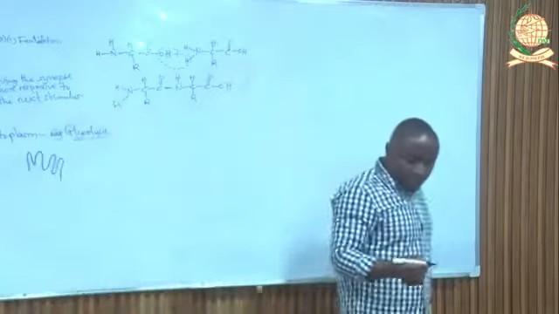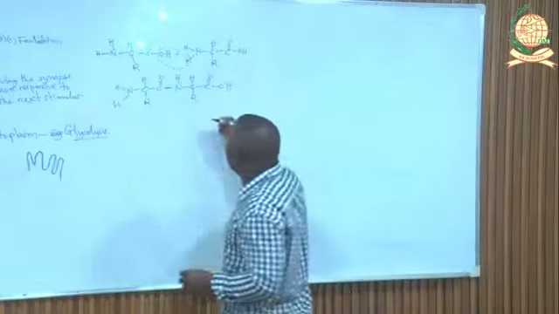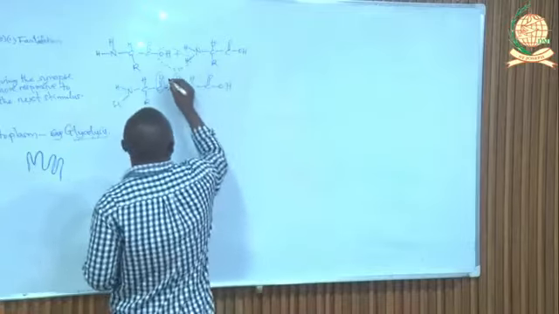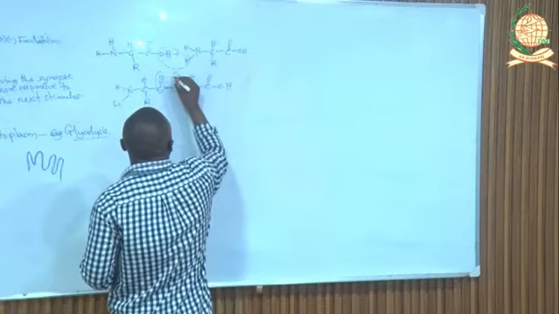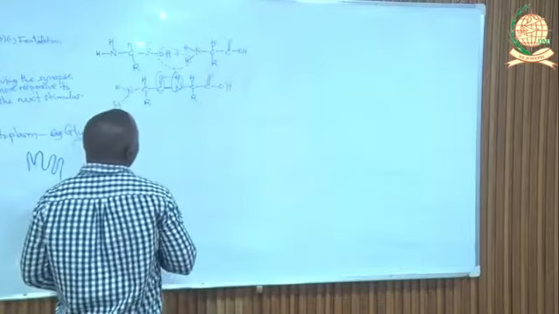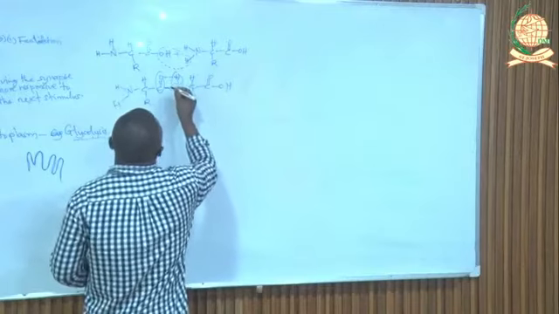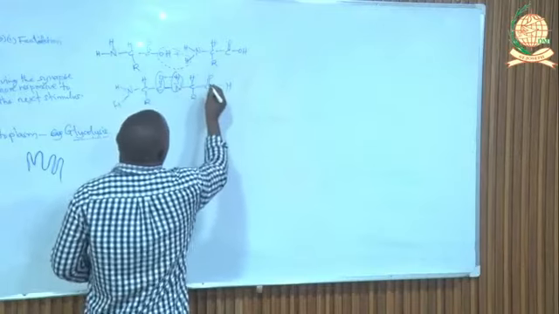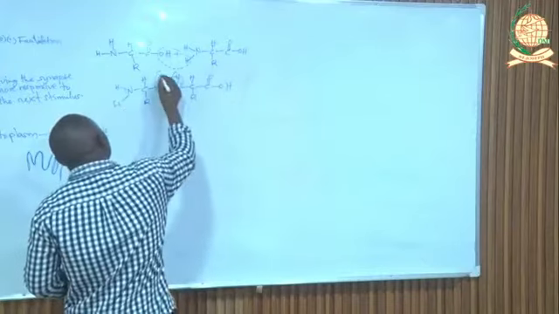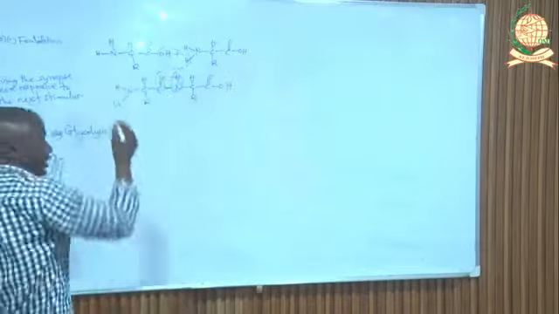Then the hydrogen bond forms between the carbonyl and this, so the weak attraction between this one and this one is hydrogen bonding. Or it can be a bond between this oxygen and hydrogen from another amino group of another amino acid.